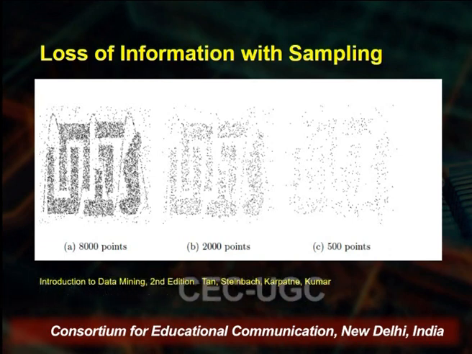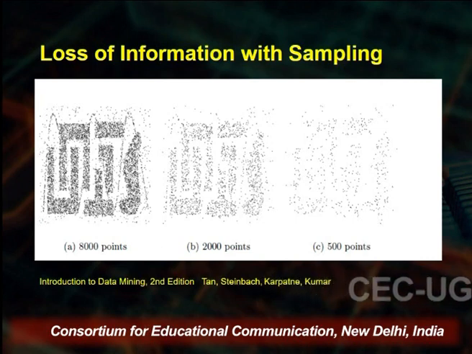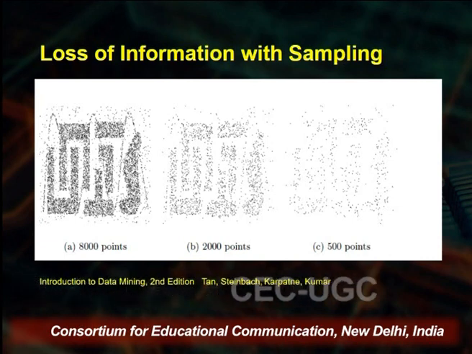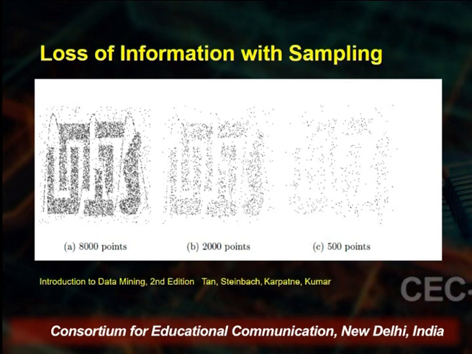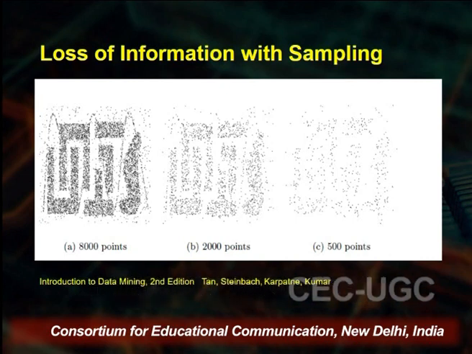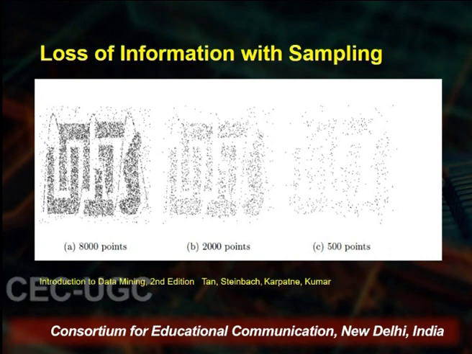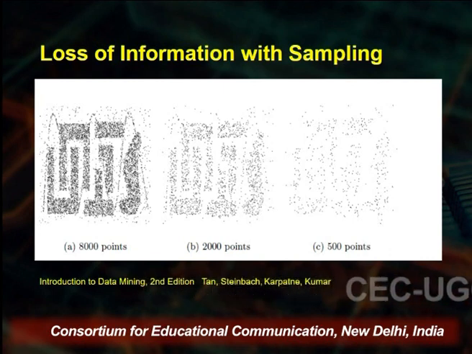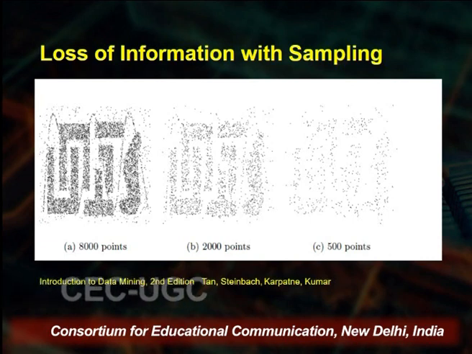Now from this, if we pick up a sample of 2000 points and another sample of 500 points, we can see that the sample of 2000 points is still representative of the population, because the pattern shown in the population is also shown in the sample of 2000 points. But if we look at the sample of 500 points, this pattern is completely lost. So we say that this sample size of 500 points is not a representative sample size of the population.